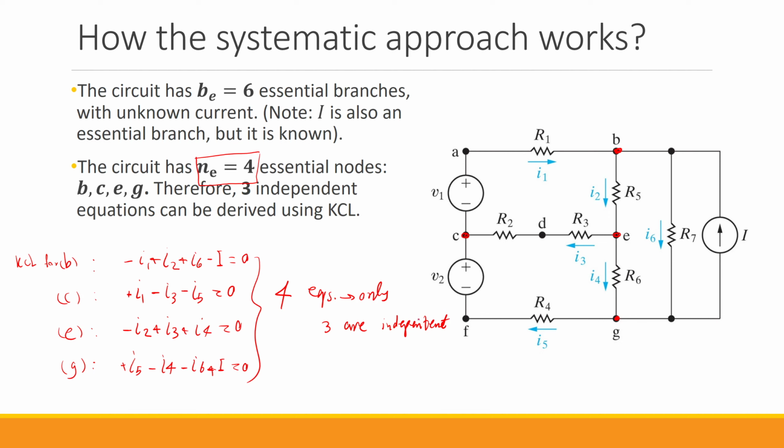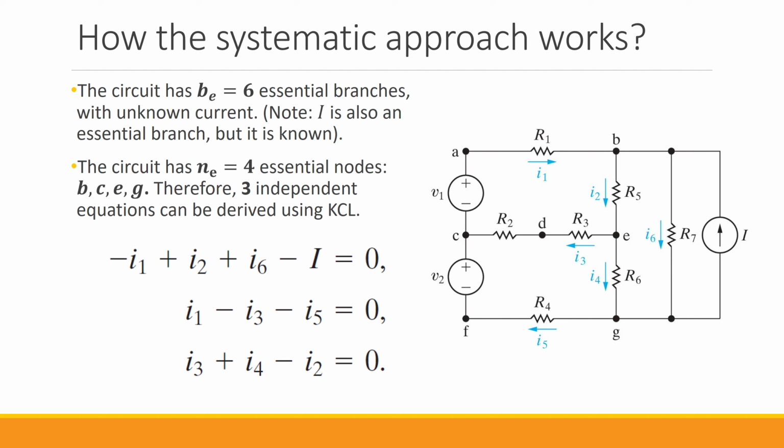So it doesn't matter which set of 3 you choose. Any set of 3 works fine, right? You cannot use 4 of them, but you can choose any 3 of them to use for your calculation. So 3 of these equations would go toward the 6 equations that we need to have.